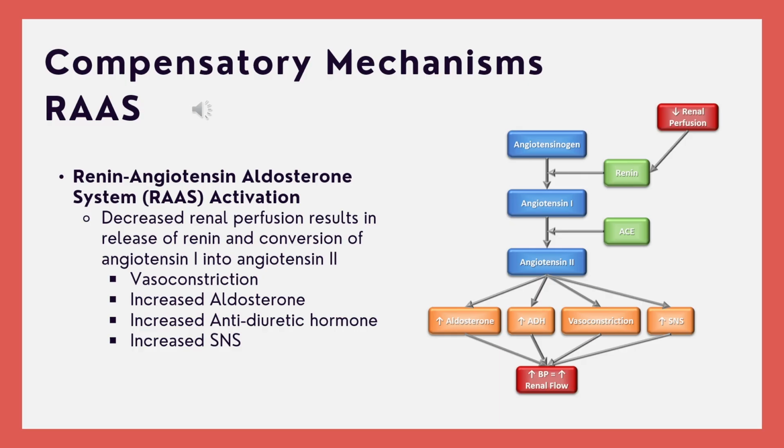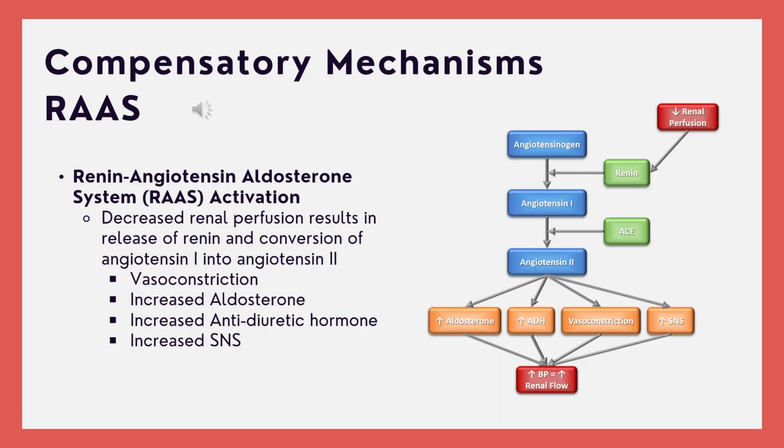I think we've heard of a medication called angiotensin converting enzyme inhibitors, or ACE inhibitors, or PRIL medications. They prevent this conversion to angiotensin 2. And again, angiotensin 2 is a powerful vasoconstrictor. So that's why these inhibitors are going to prevent this vasoconstriction from happening.